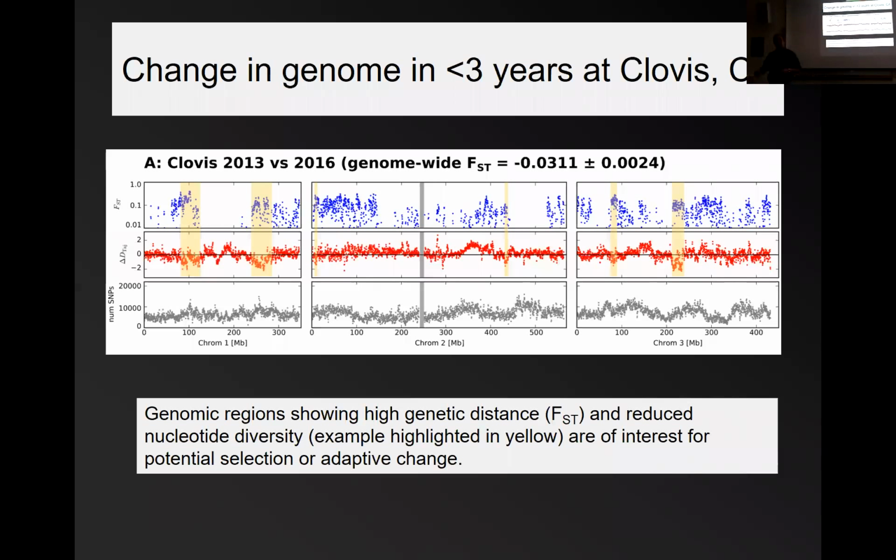So what's genetically apparent now may not be genetically the same in several years' time, because these mosquitoes are apparently undergoing some kind of adaptive selection. And it's occurring in several parts of the genome. It will be interesting for us to look at what genes specifically are within these parts of the genome that show signs of selection. There may be genes involved in resistance, we don't know.